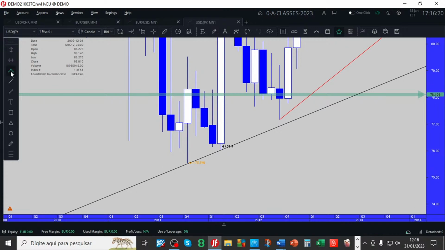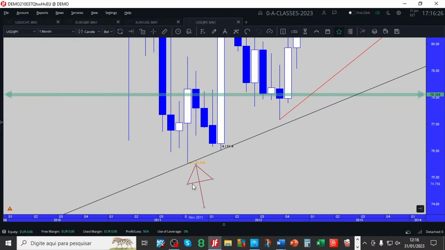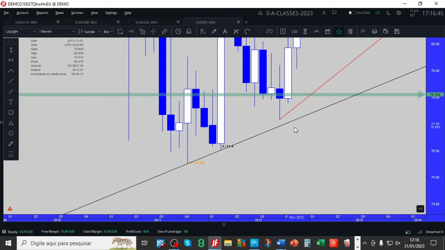Is it okay that I connect this low with this low, but then I left the space in between and I start with this low? Is this okay? It's only 2 points. No, it's not correct. Exactly. So you need to pay attention, everybody, to these details. This red line is not correct.